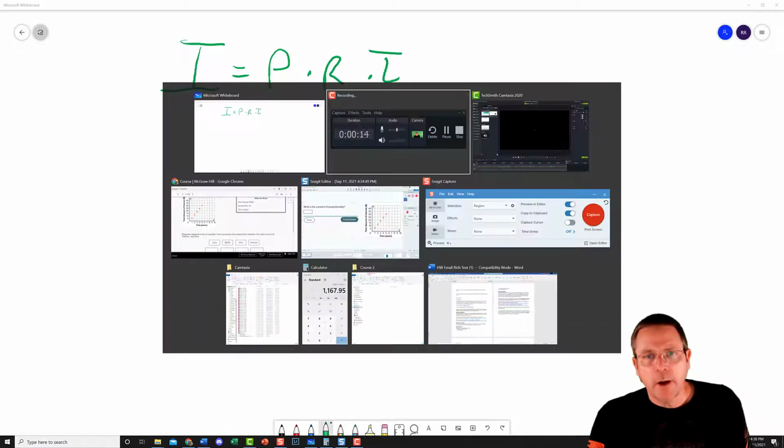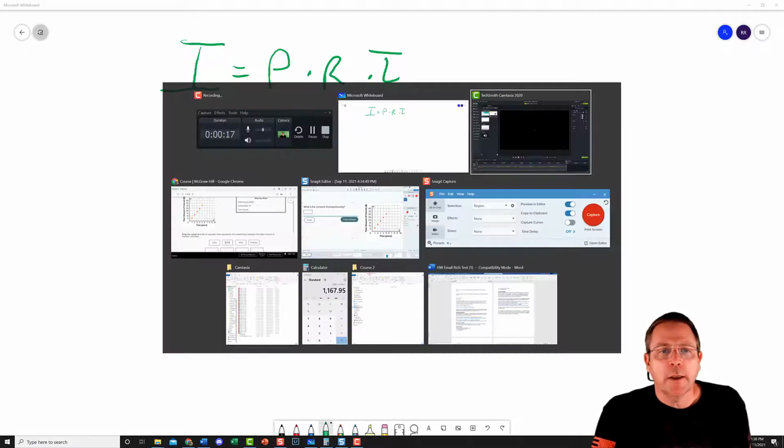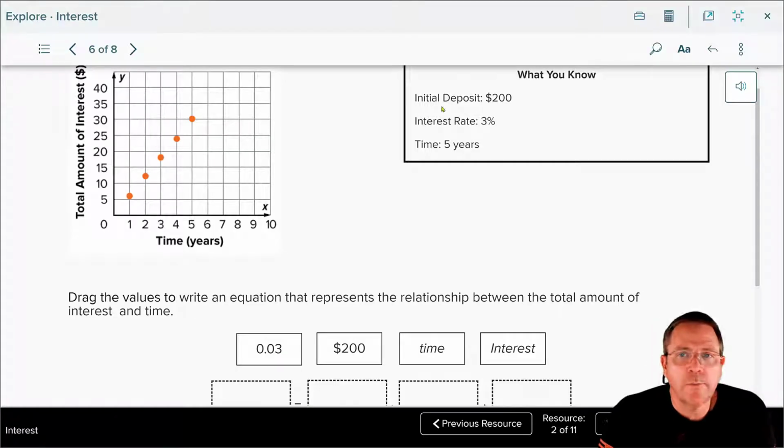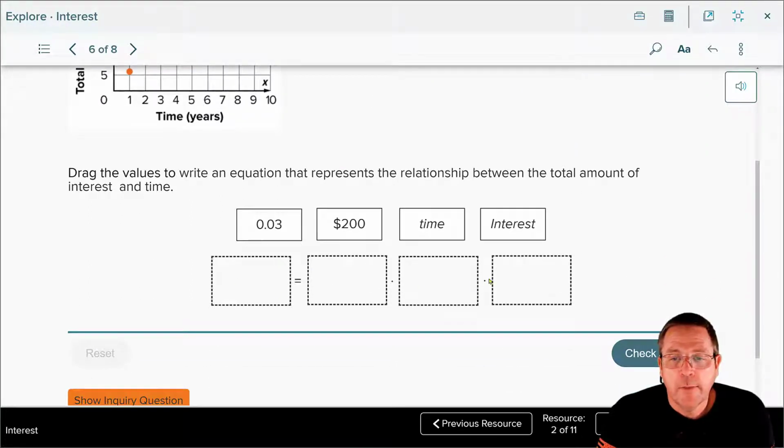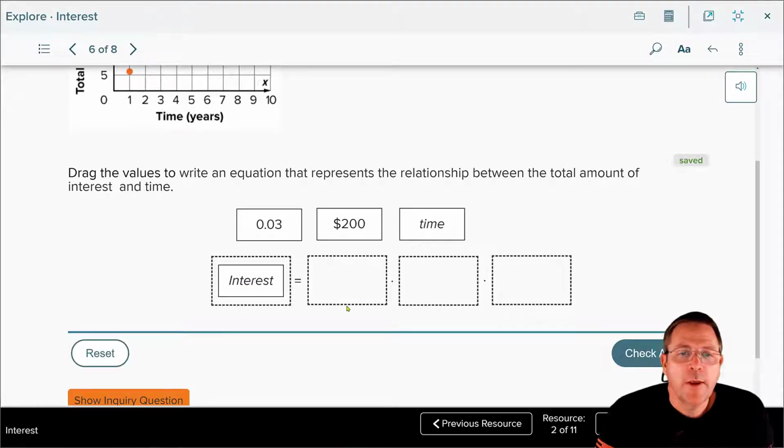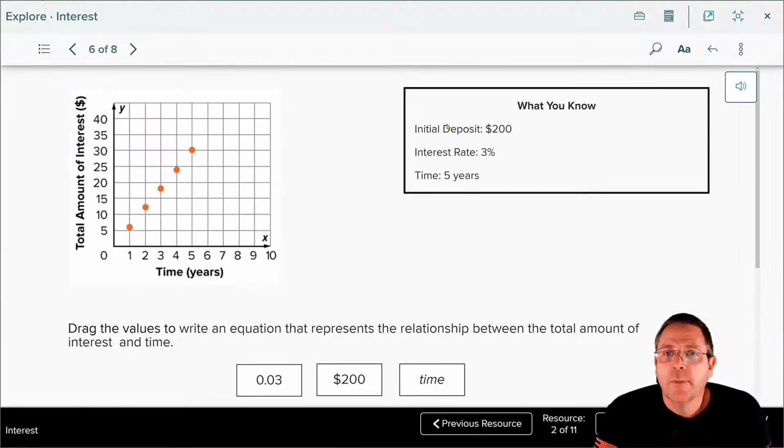And on the next problem, it wants you to look at this chart and this information provided here and fill out this equation. Well, first off, we know that on this side you have interest, and from there we're going to have the principal. The principal is going to be your initial deposit.